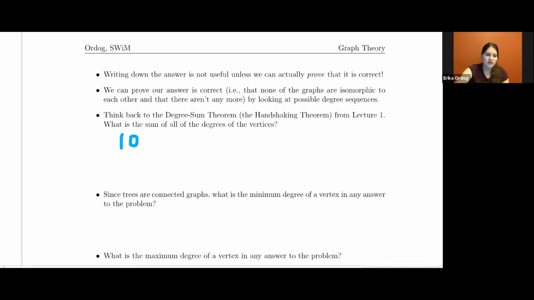Well, in all of our answers, we have 10 vertices. And remember earlier in this lecture, we said that a tree on n vertices has n-1 edges. So that means we have 9 edges.